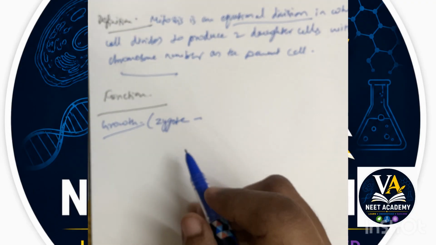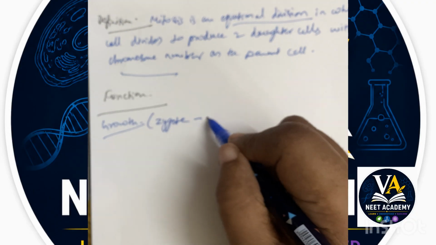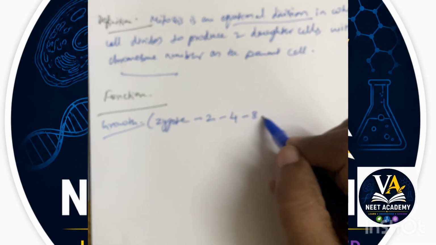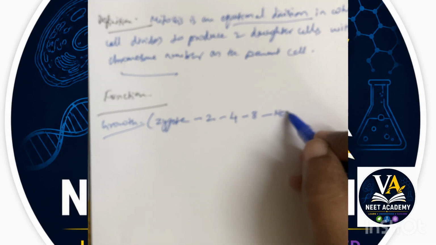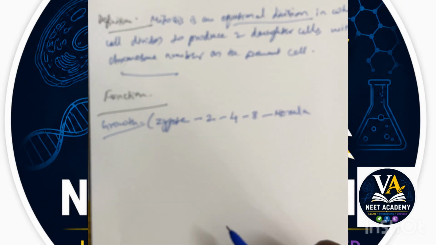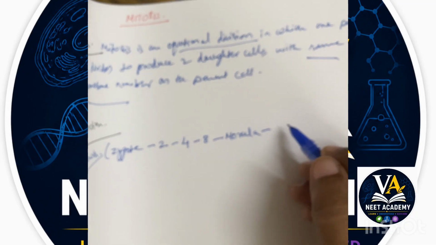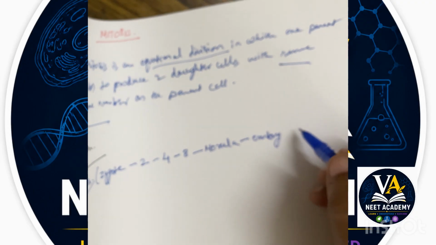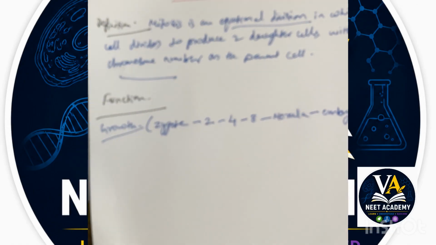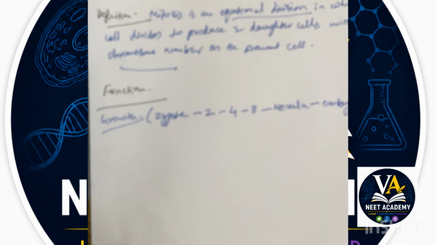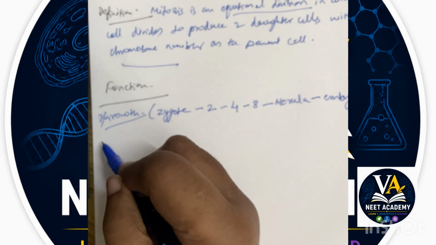This one cell zygote multiplies into 2 cells, 4 cells, and a multiple cell stage called morula. After the morula is formed, the cell becomes an embryo, and this embryo transforms into a baby. So in growth, mitosis plays a major role. So one of the functions is growth.